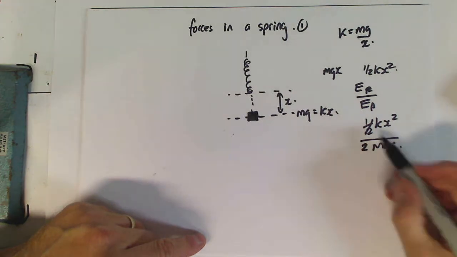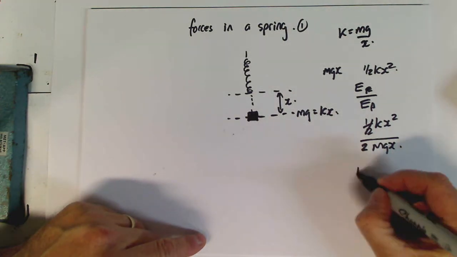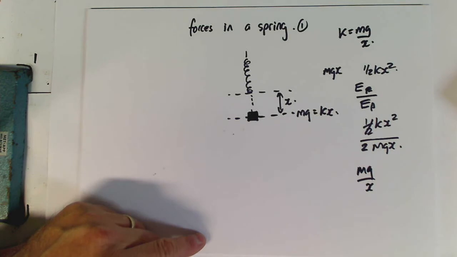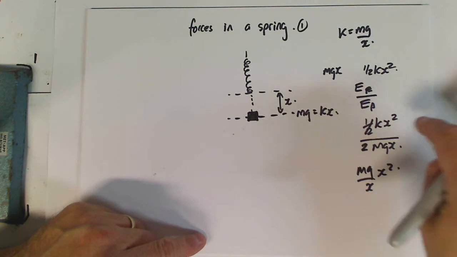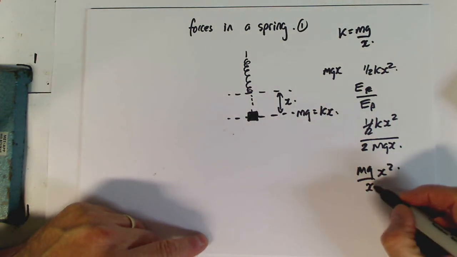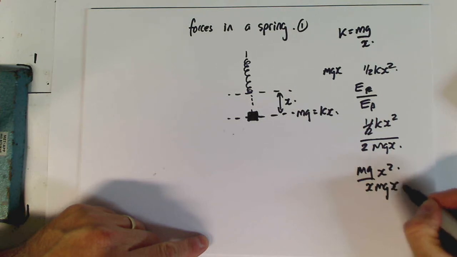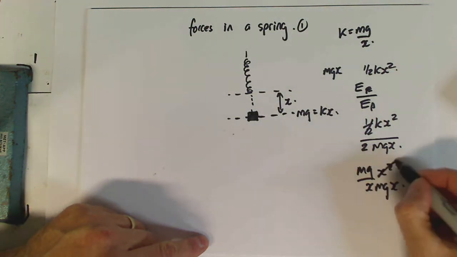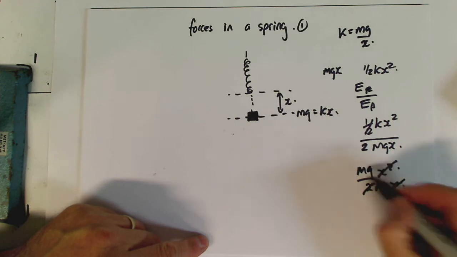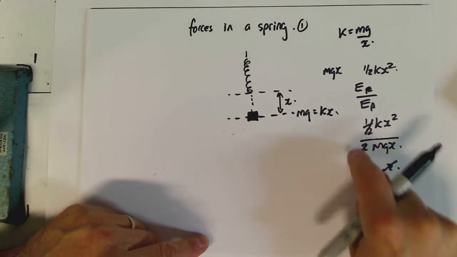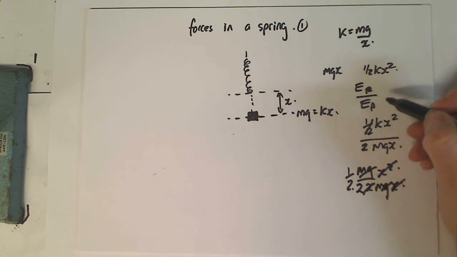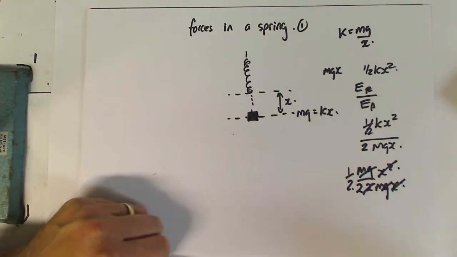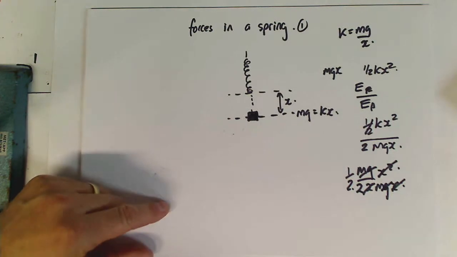So if k equals mg over x, and we make the substitution, mg over x times x squared, right? So mg x squared over x, and then we've got mgx on the bottom. We see some beautiful things happening. The x's cancel, the mg's cancel, and all we're left with is that 2 that we had up there. So we can say that always the elastic energy held at that point compared to the potential energy is 1/2.